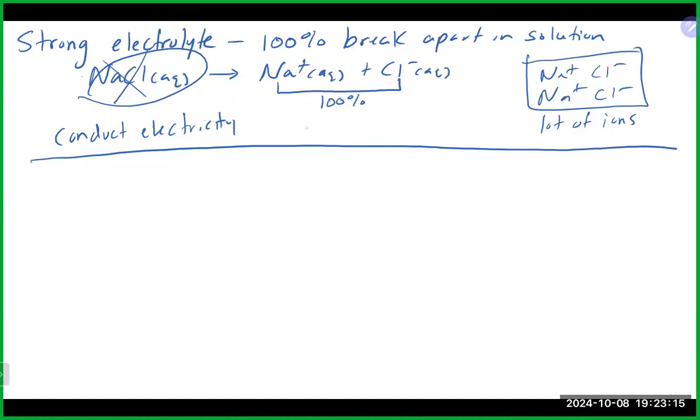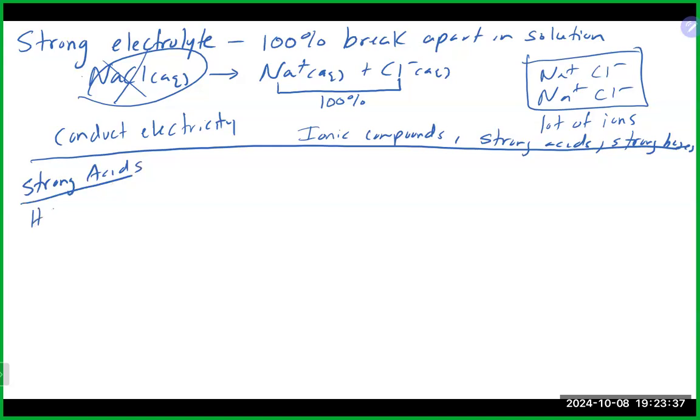The next type of electrolyte is, and by the way, strong electrolytes are typically ionic compounds, also strong acids and strong bases are strong electrolytes. So what is our list of strong acids, which is a good one to know? Strong acids: we have hydrochloric acid, nitric acid, hydrobromic acid, hydroiodic acid, sulfuric acid, and last but not least, perchloric acid.